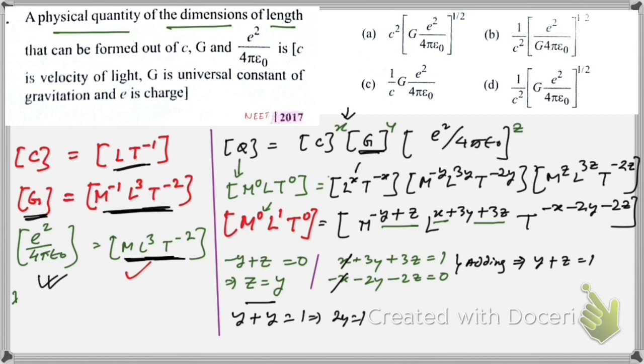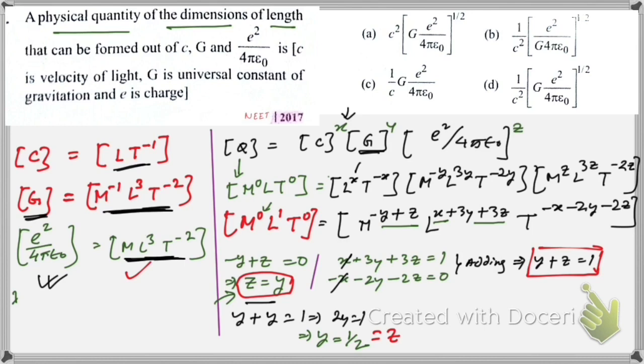So what we have done is use this equation here, where z is replaced by y because z is equal to y. This is going to give y equal to 1 by 2. So we have got the value of y. Since z is equal to y, this will be the value of z as well.